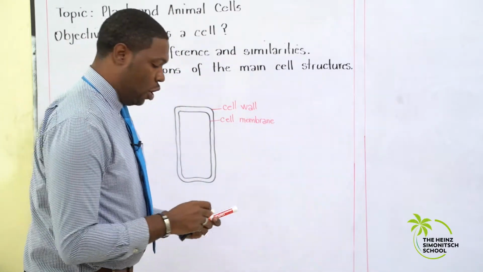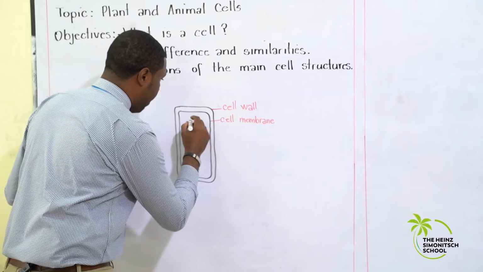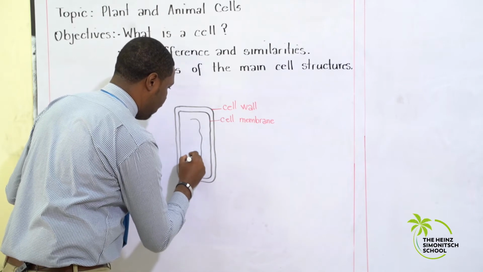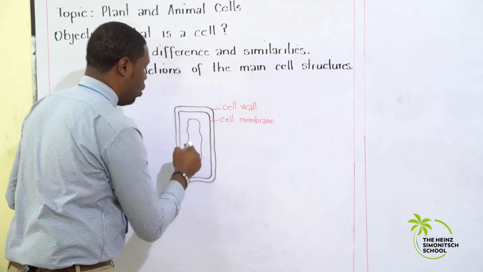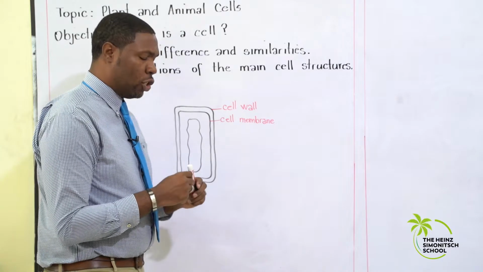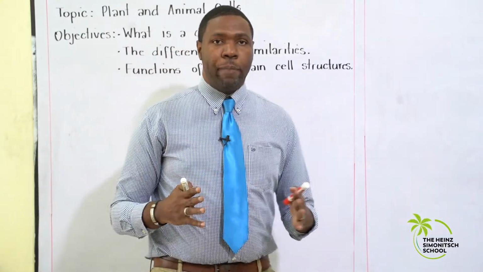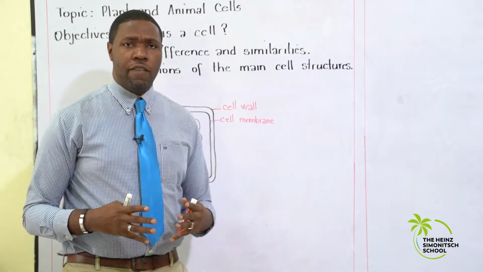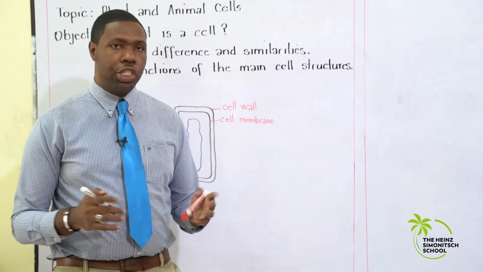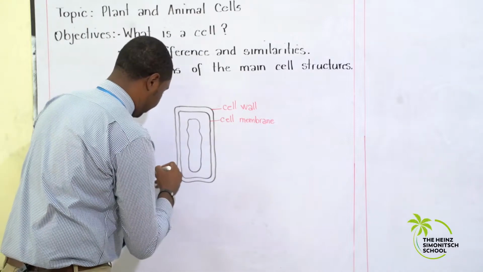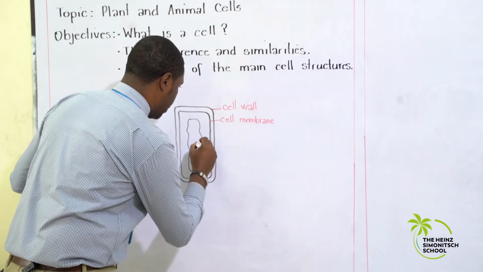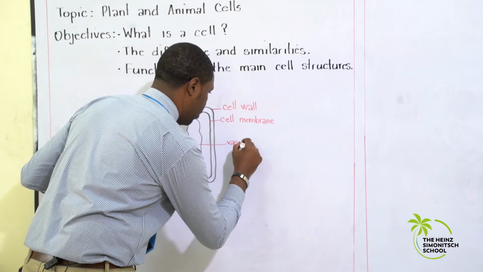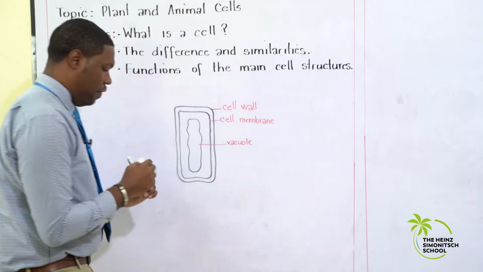Now, we have this void that takes up pretty much a great portion of the plant cell, and it's called the vacuole. And this is what helps to give the plant its firmness and its shape.